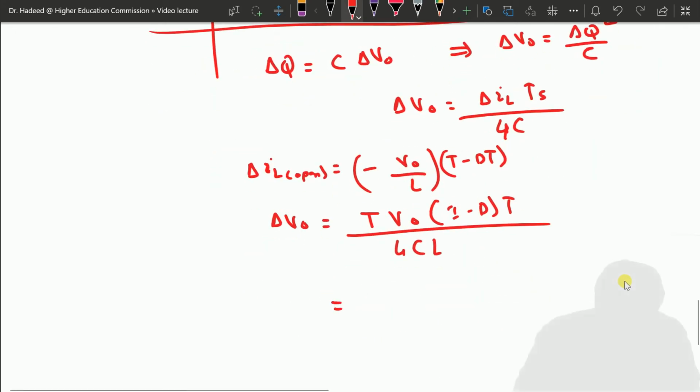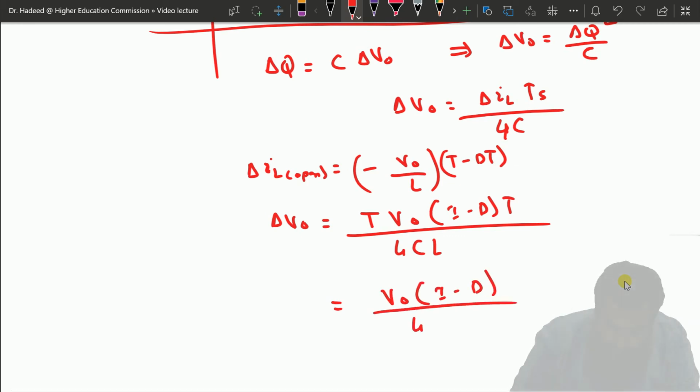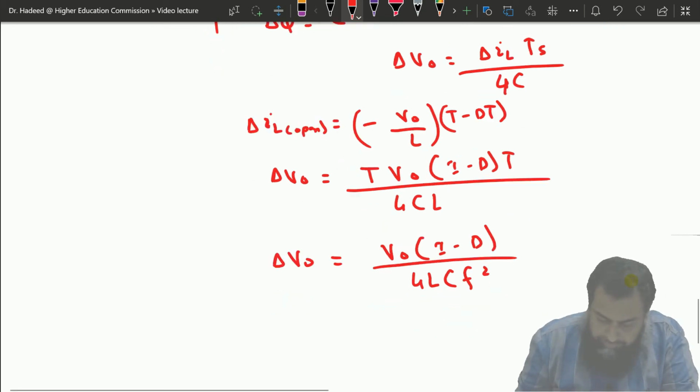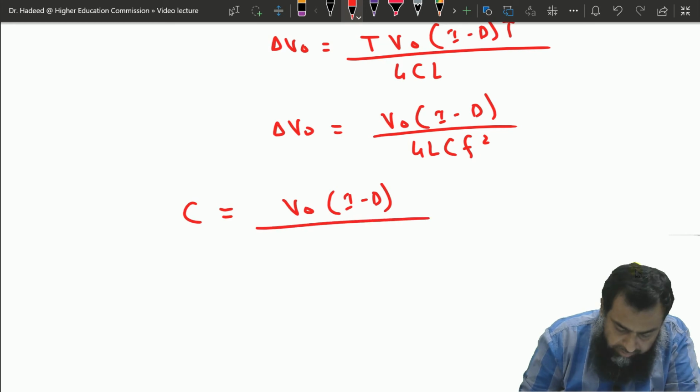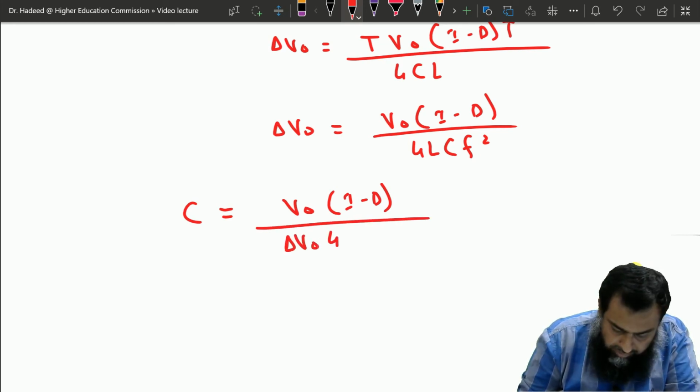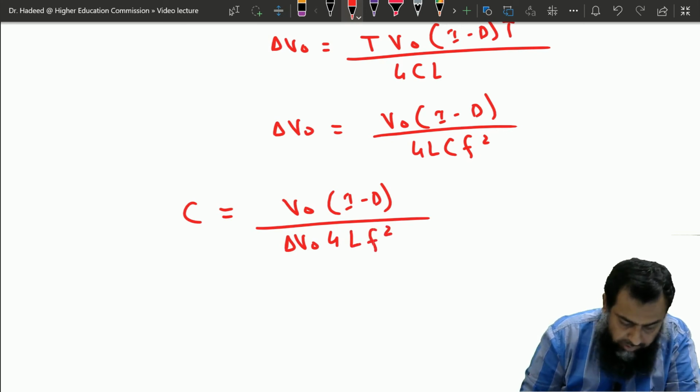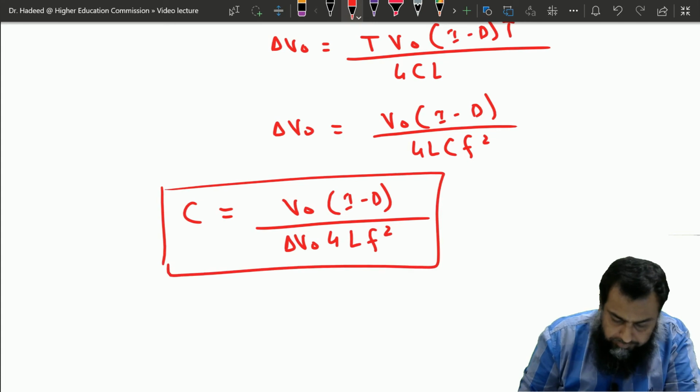This is equal to V naught (1 minus d) over 4 LC F square, and this is equal to delta V naught. Based on this, C is equal to V naught (1 minus d) divided by delta V naught times 4 L F square, and this is the value of the capacitance.